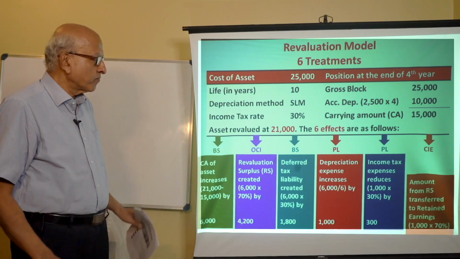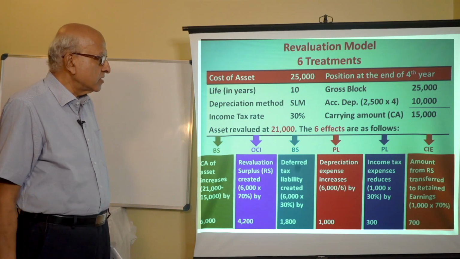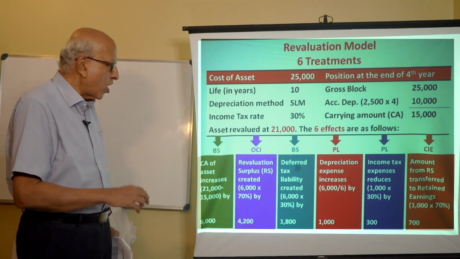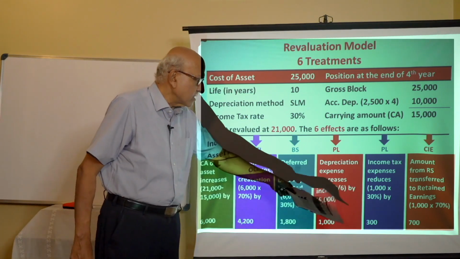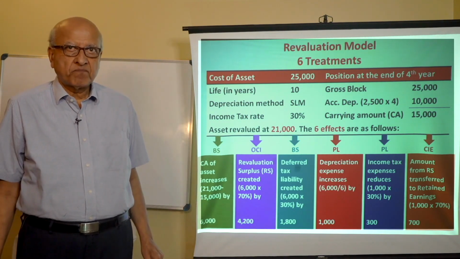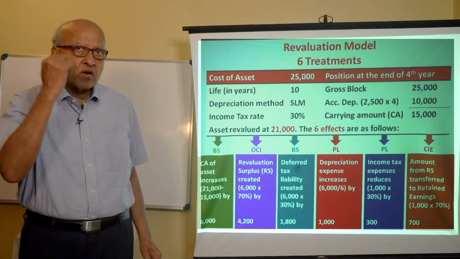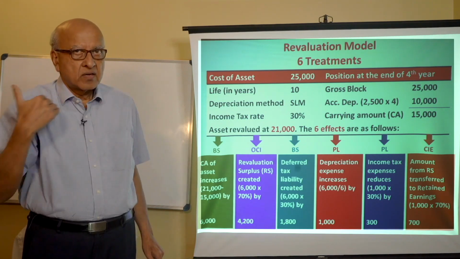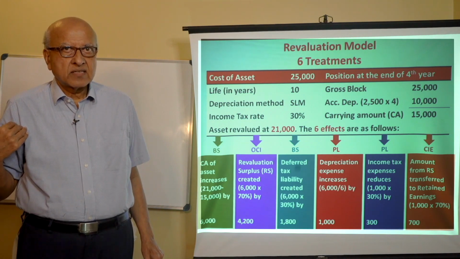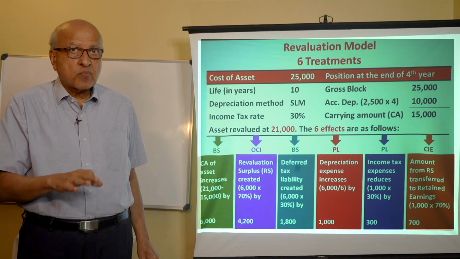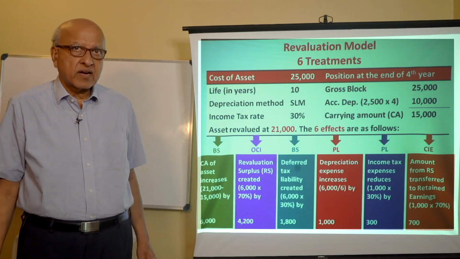Last, amount from revaluation to retained earnings: 1,000 into 70%, 700, or 1,000 minus 300. When we charge more depreciation because depreciation is charged on the revalued amount, tax rate 30%, my profit is reduced not by 1,000, but by 700.